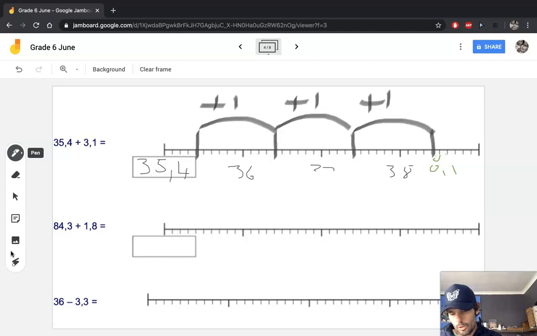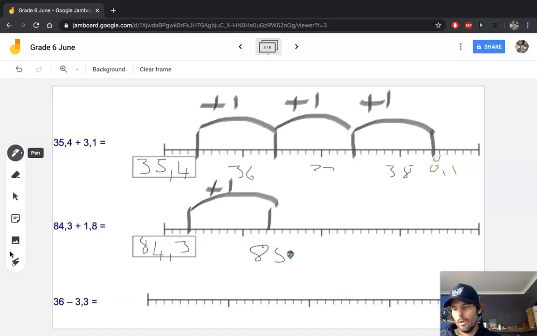84,3 will start off over here. All right, so if we put 84,3 into the box, and then we need to find 1 unit after 84,3, and that's going to give us 85,3. So there we've added the 1 unit, and from 85,3 we know that we need to go further another 8 tenths.